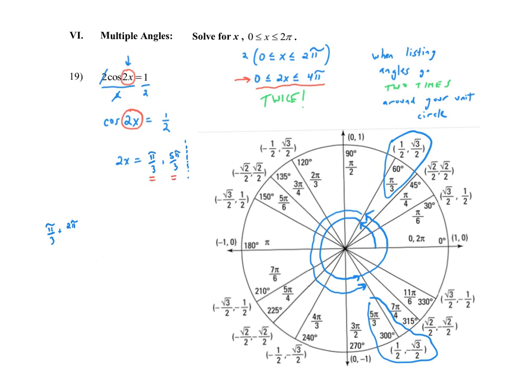Pi over 3 plus 6 pi over 3 is 7 pi over 3. And then 5 pi over 3 plus 6 pi over 3 is 11 pi over 3. So that's our other angle, 11 pi over 3.